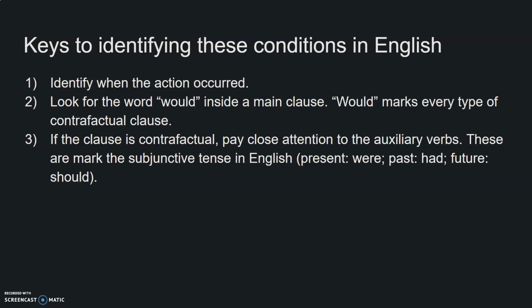A lot of times, once you've identified the main clause and know whether or not it's contrafactual and have the time, it'll just naturally translate into English, and you might not use these subjunctive markers, but I just want to make sure you're aware of how English technically used to function, because English is changing and we're dropping the subjunctive, but I think it's interesting to pay attention to when you're trying to pay attention to how subjunctives work in Latin.